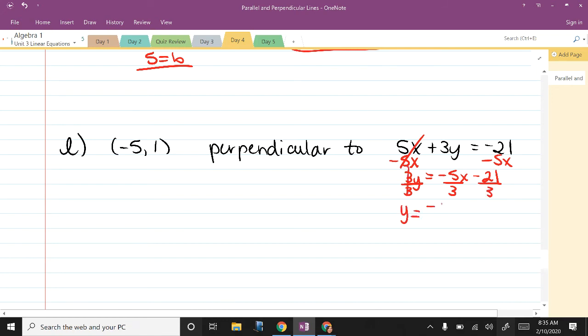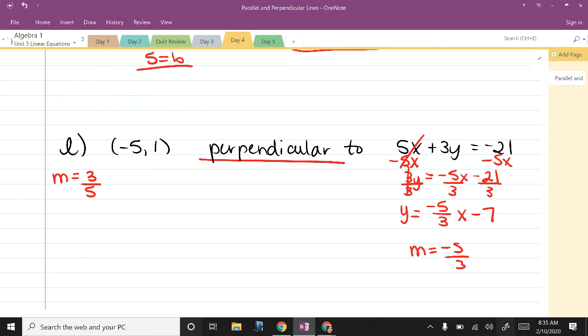So y equals -5/3x minus 7. Y'all agree? So what's their slope? -5/3. I want to be perpendicular, so I flip it and change the sign and get what? +3/5. So is everybody okay with why my slope's going to be +3/5?